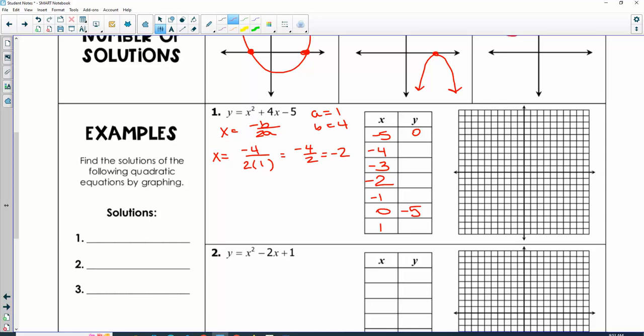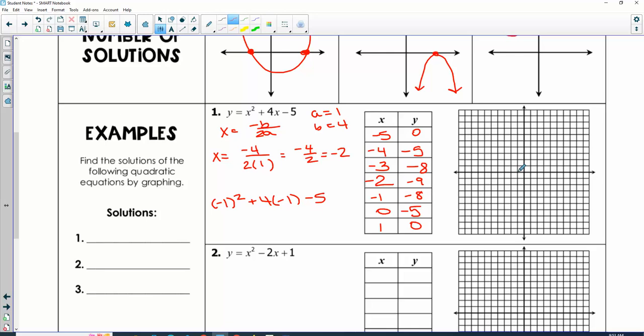Negative 4, what did you get? Negative 5. Negative 3, what did you guys get? Esther, Aiden? I got negative 8. Negative 2, what did you guys get? Negative 9. Negative 1. Probably missed a parenthesis. Remember, when you put them in, you always put it in the parentheses. And 1.